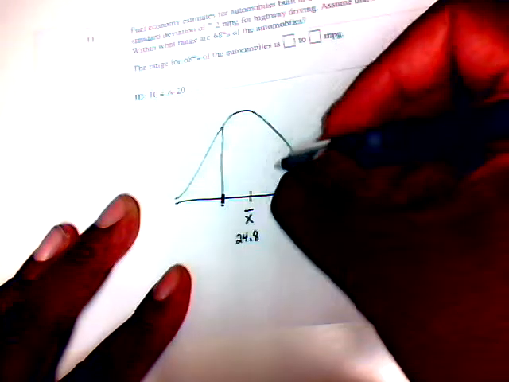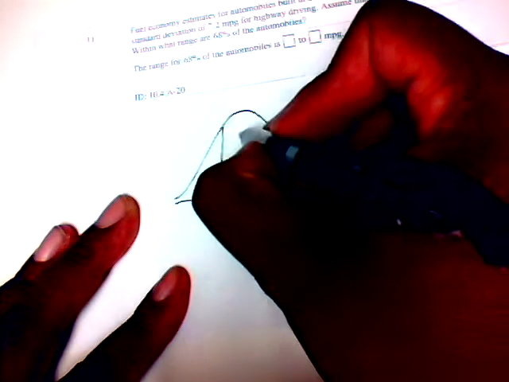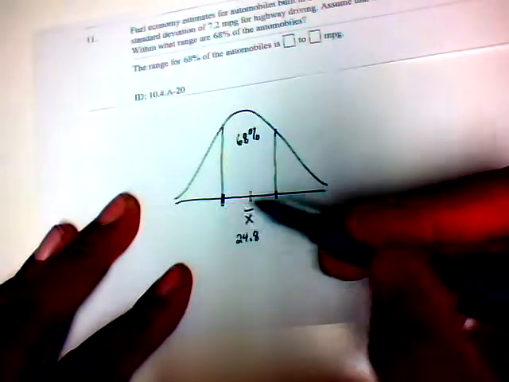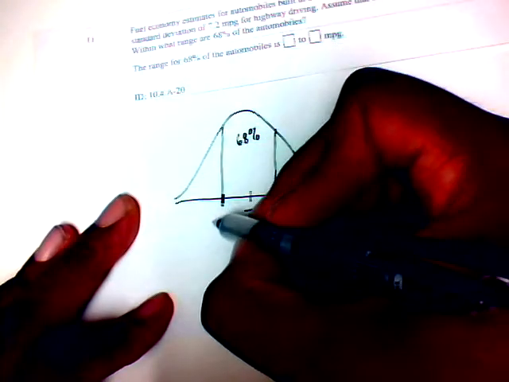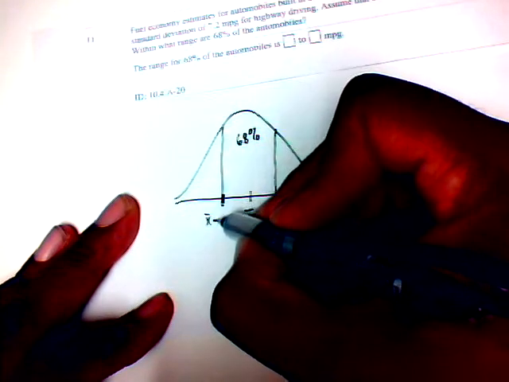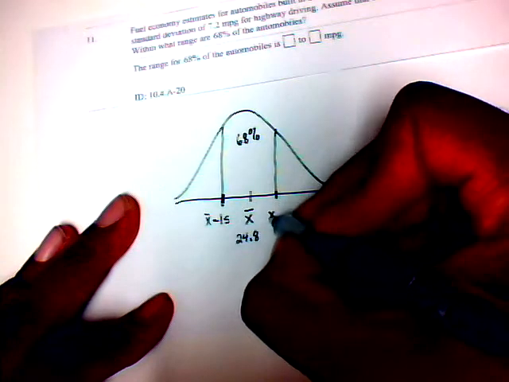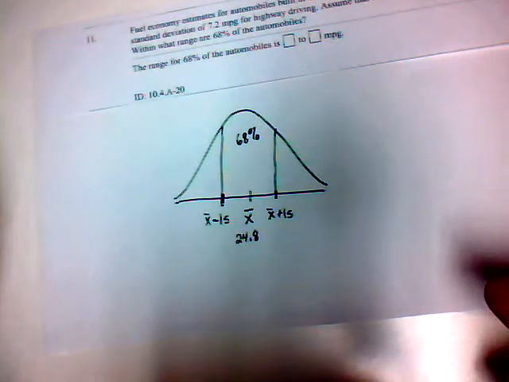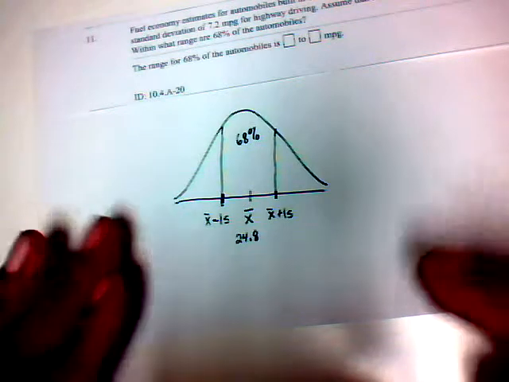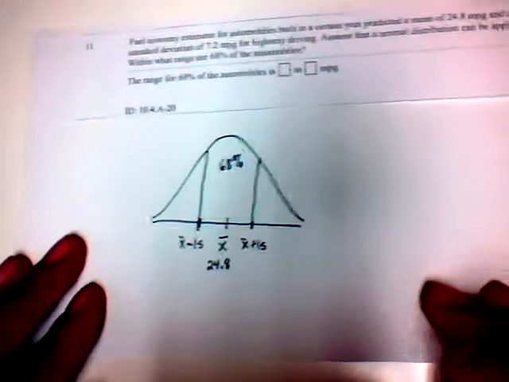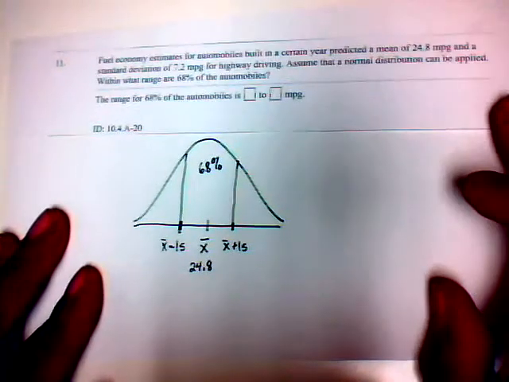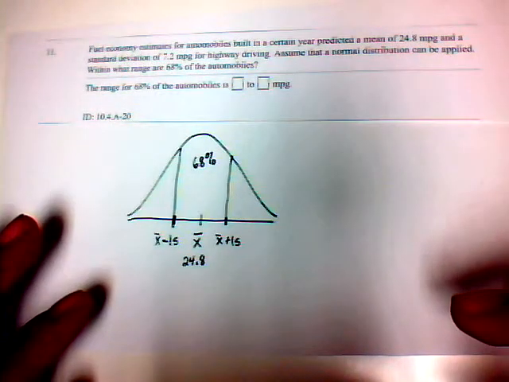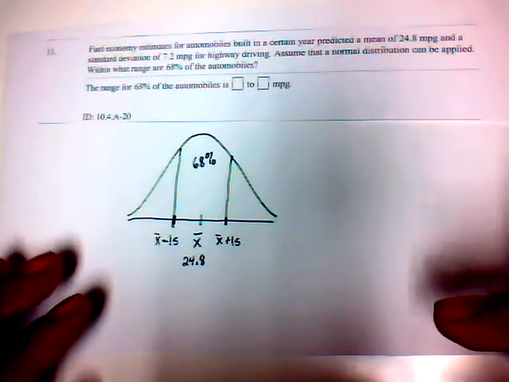Based on the empirical rule or the normal curve, 68% of the data values are within one standard deviation of the mean. That means this is x bar minus one standard deviation, and this one is x bar plus one standard deviation. 95% of the data values are within two standard deviations of the mean, and then 99.8% of the data values are within three standard deviations of the mean.